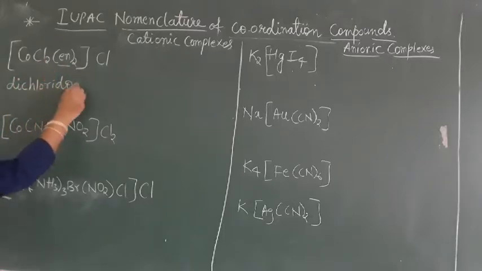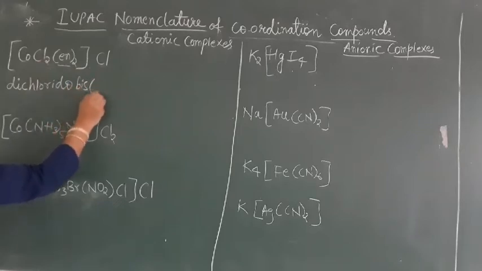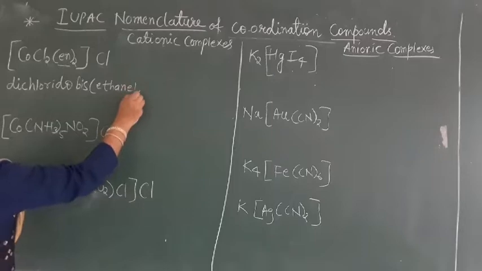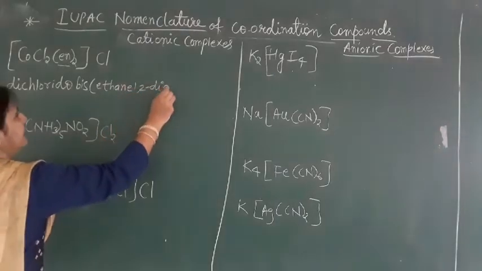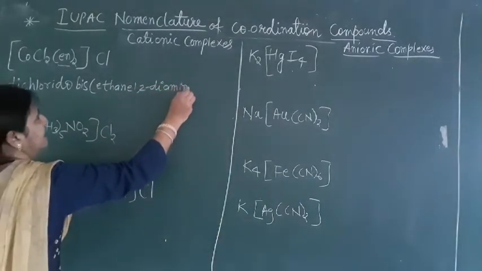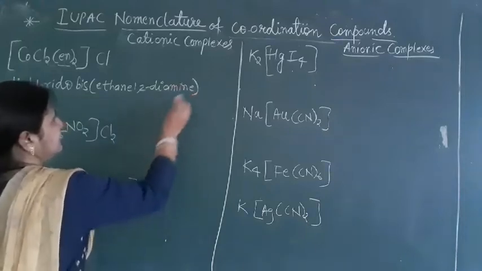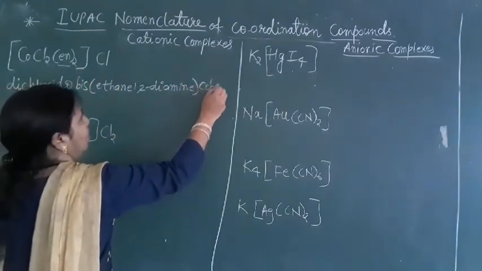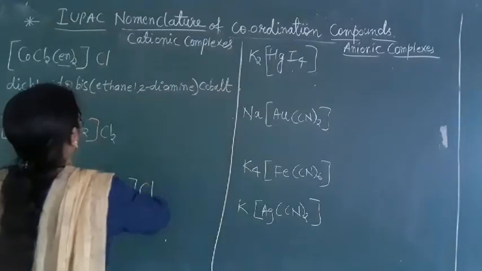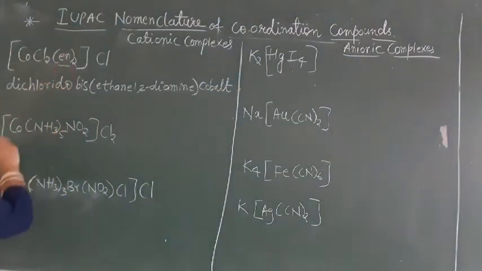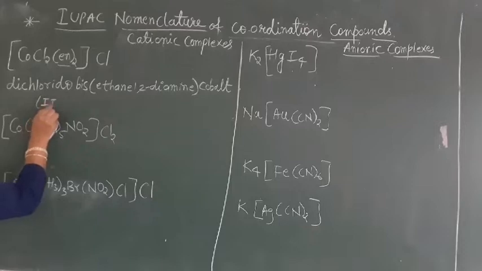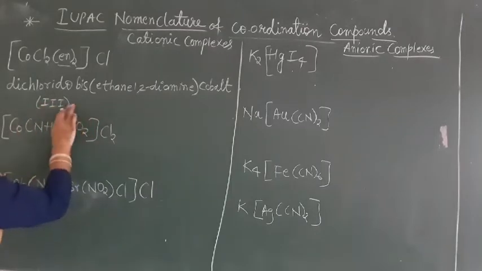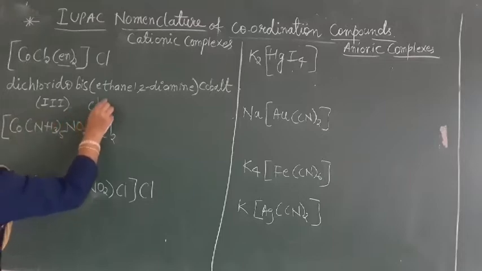Now for the ethane-1,2-diamine we write bis, and inside the bracket we write ethane-1,2-diamine. Close the parenthesis, and next will come our metal name, cobalt. And the cobalt oxidation number here is 3, so in Roman numerals we write that, and then keep a gap and write chloride.